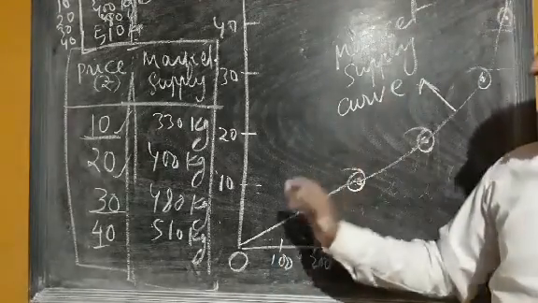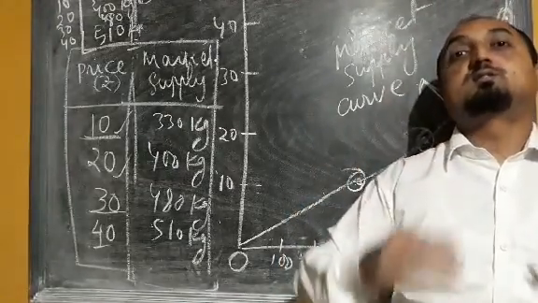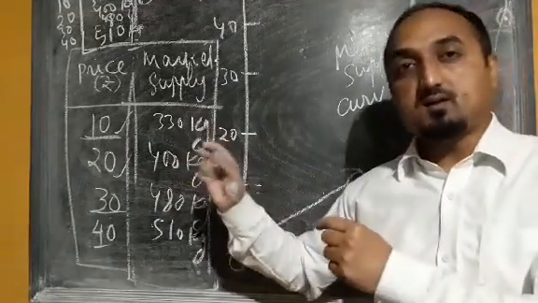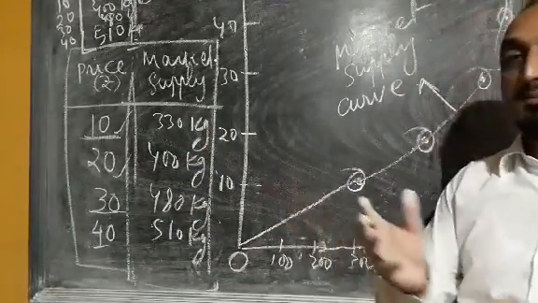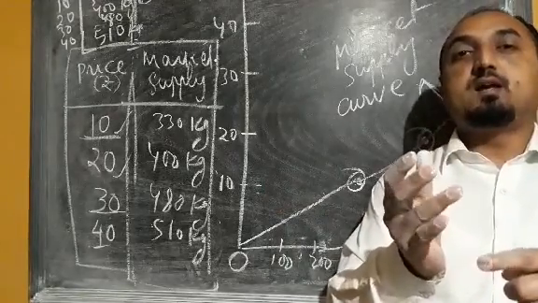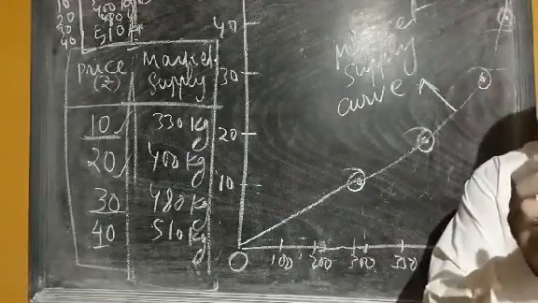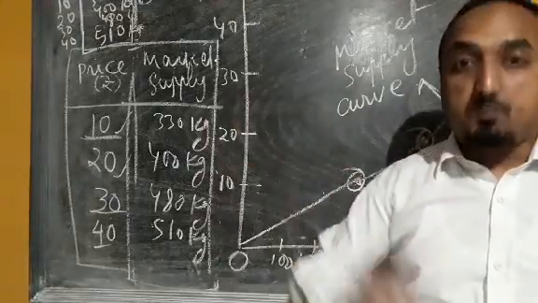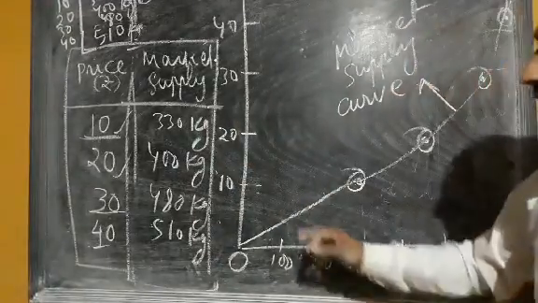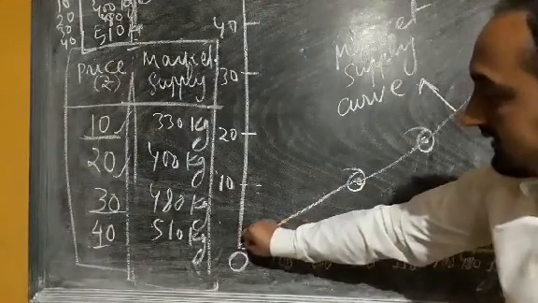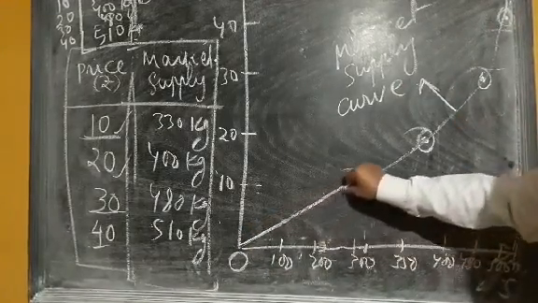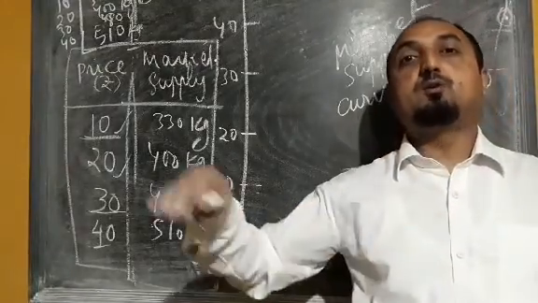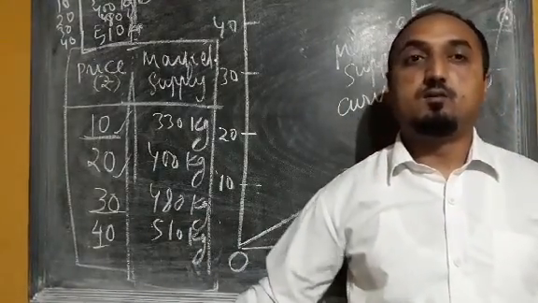Because the market supply curve is the summation, that is, the addition, of individual supply curves: the individual supply curve of producer A, of producer B, and of producer C. When we sum them up, we derive the market supply curve, and that is why the market supply curve is a little flatter compared to the individual supply curve.